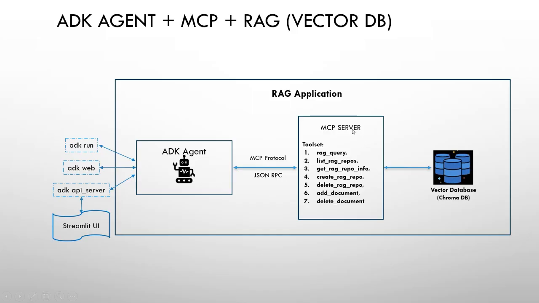So let me demo the application first, and then I would walk you through the code. This is what we are building. We are using ADK Web to bring up the UI provided by ADK. We are building this RAG application, which has the MCP server, and this has 7 tools, right? One is for RAG query, one is for listing the repos that we have, one is to get the info about a repo, one is to create a new repo, then we have something to delete a repo, and then we have something to add documents to the repo, and finally to delete documents from the repo.